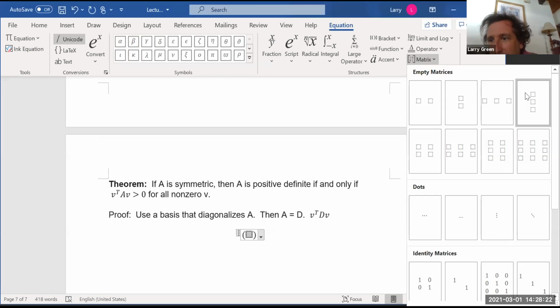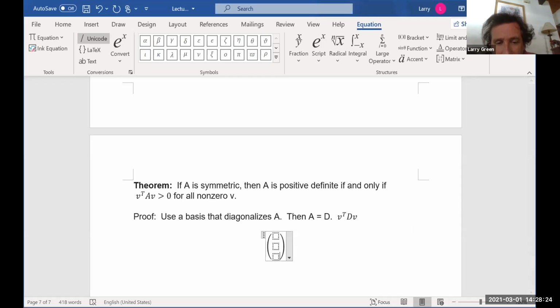How about a 3 by 3? Let's say V is 2, 3, 4. Just making some numbers up. So there's our vector V, right? And then we're going to multiply it by a diagonal matrix.